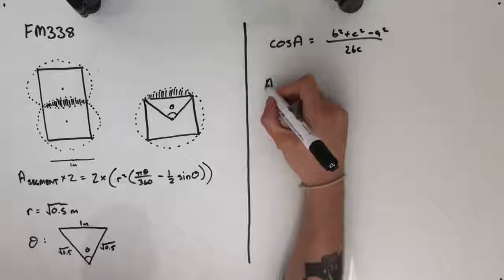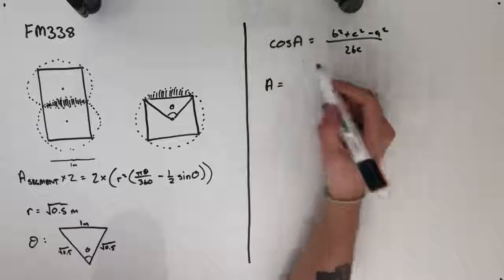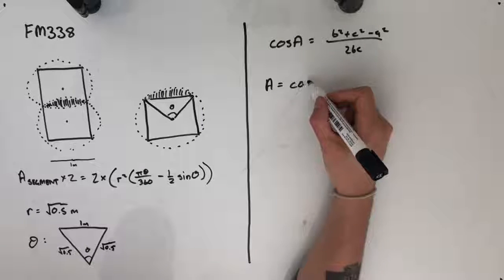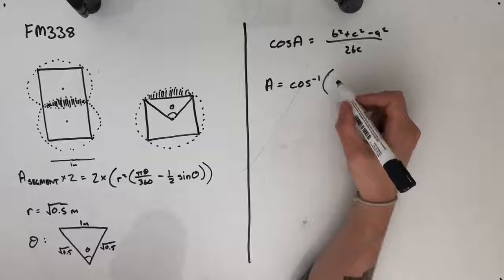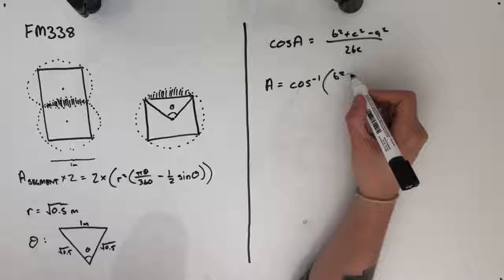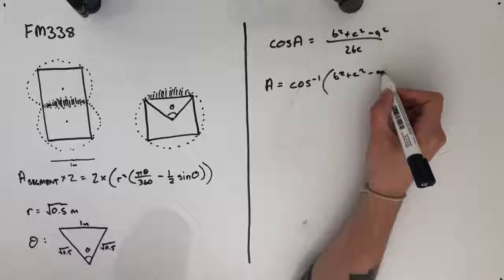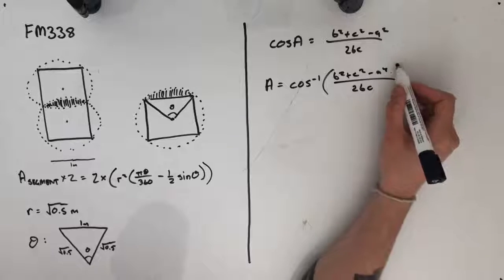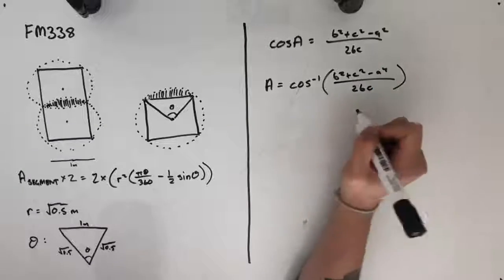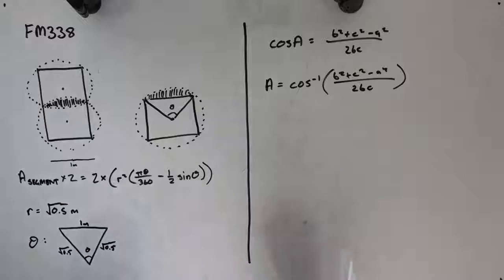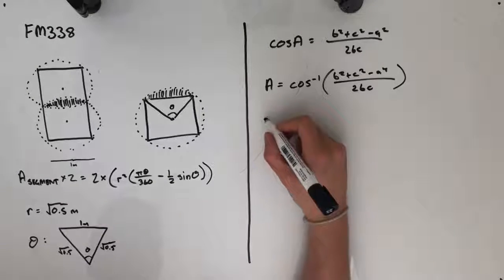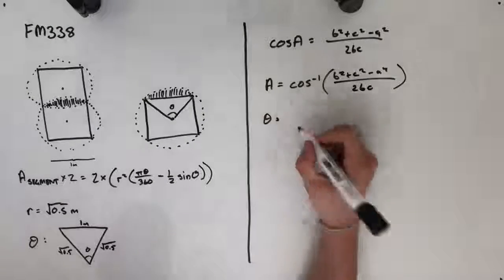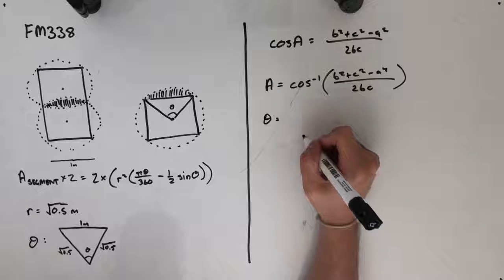Rearranging this a little bit so that we will go straight to the angle without cos attached to it, we get a rearrangement that looks like this. So arc cos of B squared plus C squared minus A squared all over 2BC, like this. And now we're going to sub in our known values. So A we're going to replace with theta, because that's our angle that we're looking for.